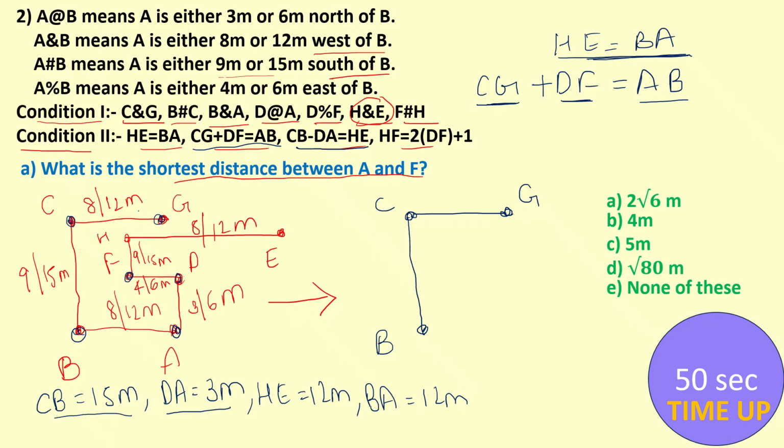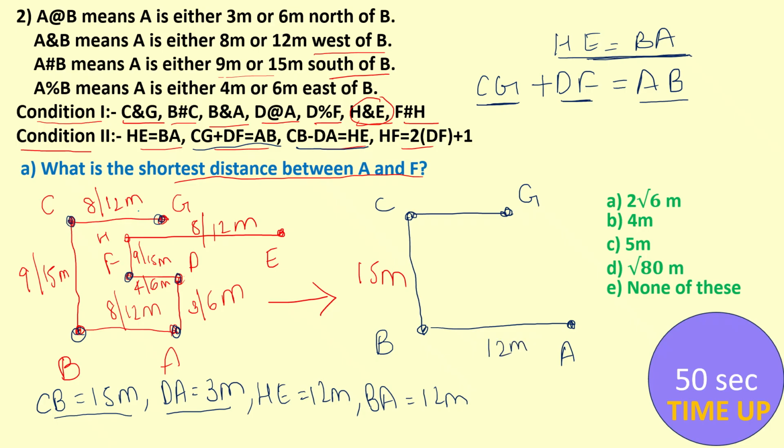CG distance, you know how much it is? Till now CG distance is not known. CB distance is known? Yes, 15 meter. Next, BA distance is known, that is 12 meter. So for 12 meter, I draw slightly bigger, till here. So here is A, that is 12 meter.